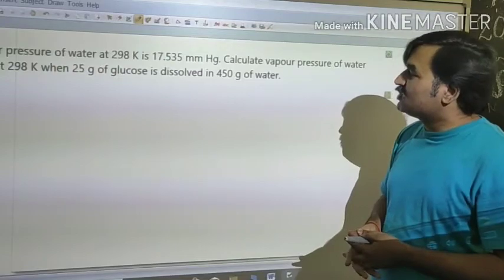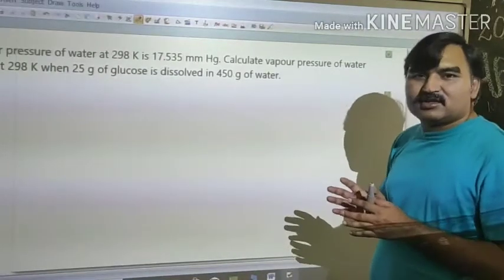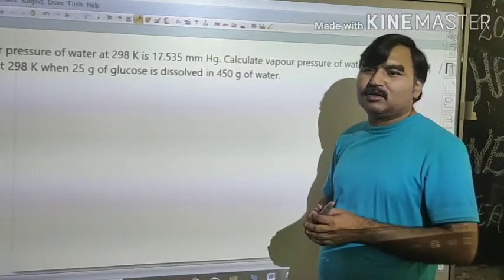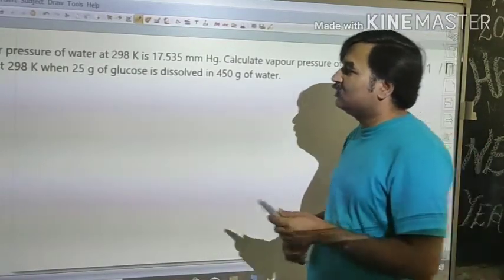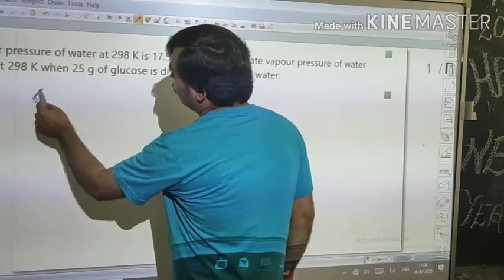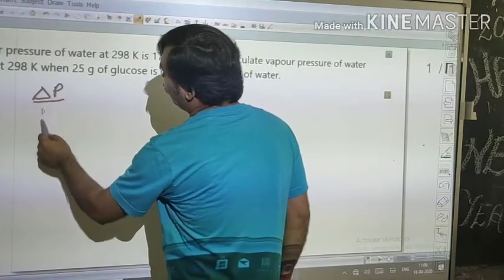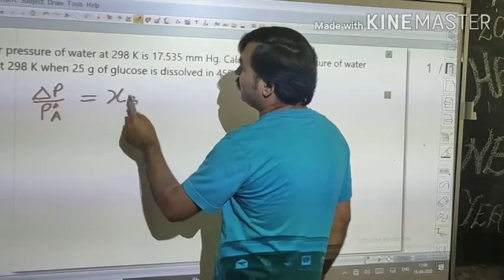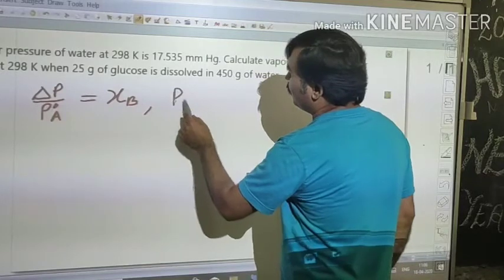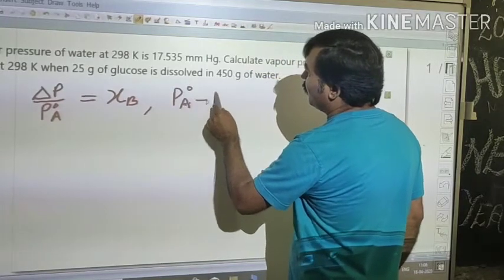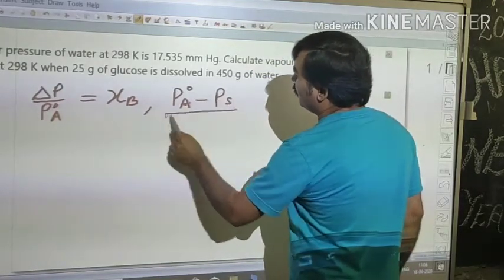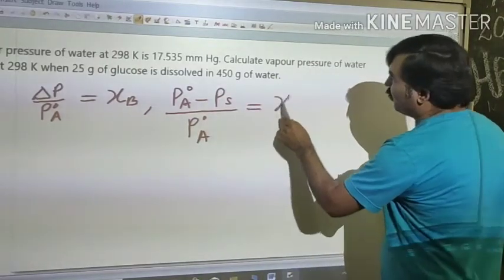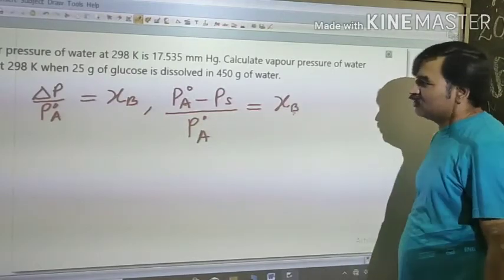So first of all, what is asked here? It is asked vapor pressure of solution. So now we know the formula which we have to apply here, that delta P upon P naught A equal to mole fraction of solute, or P naught A minus Ps upon P naught A is equal to mole fraction of solute.